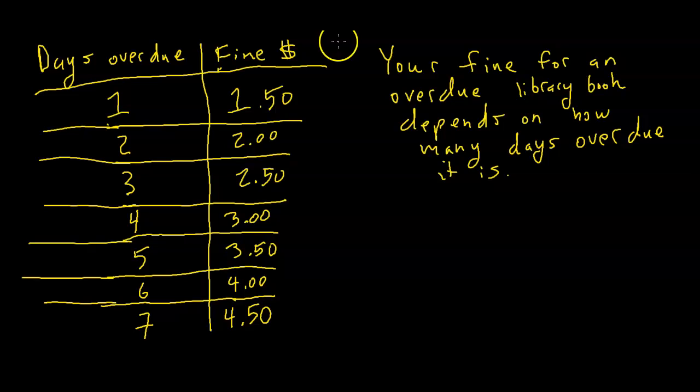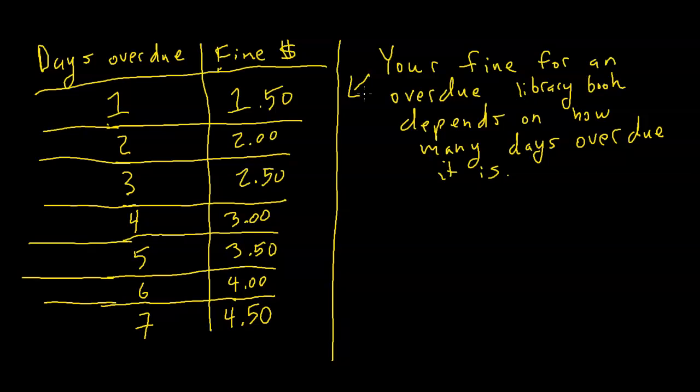I also have this table right here, which lists some information. It lists a certain number of days overdue and a certain number of fines associated with that many days overdue. So remember, in this case, the number of days overdue is your input because the fine depends on how many days overdue it is.